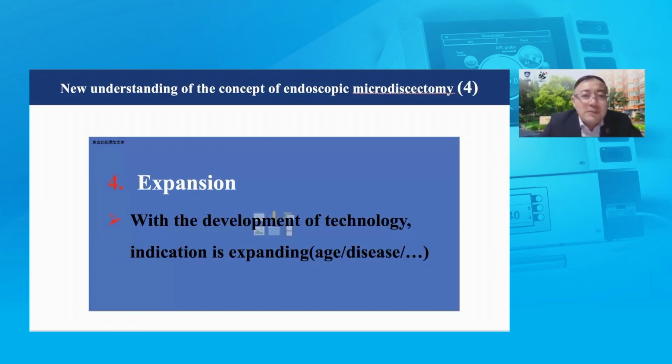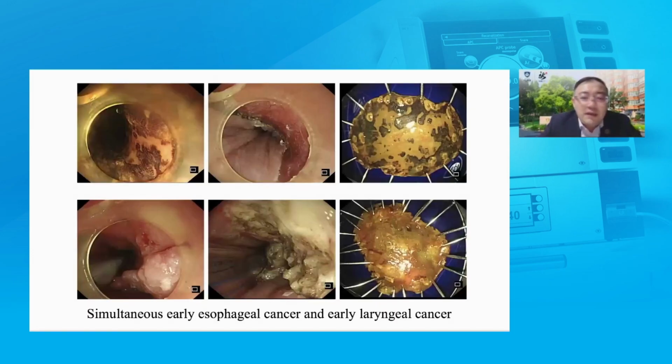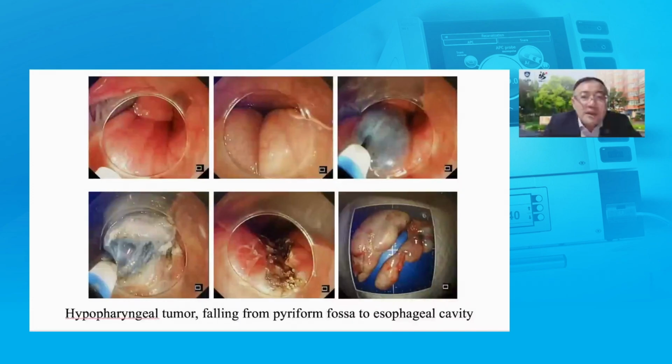The first concept is, with the development of the technology, the indications of endoscopic resection are expanding, such as age and the disease. So now we can perform the longitudinal ESD for the early gastric cancer. You can remove the facial tumor with the endoscopy.